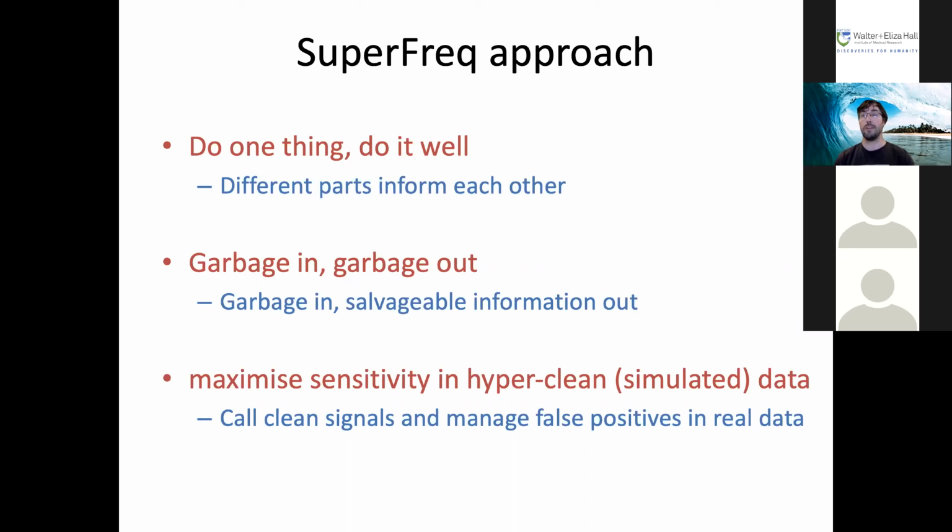This also has not been our guiding principle, but I'm not saying it's bad. We obviously want as high sensitivity as possible, but we've also looked a lot at real data. We've been trying really hard to test our methods on real data and not always super clean data to make sure that we not only have the sensitivity, but we also manage false positives within reasonable levels.